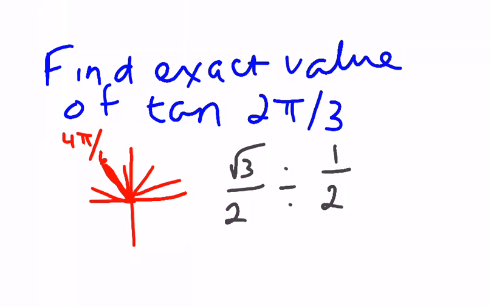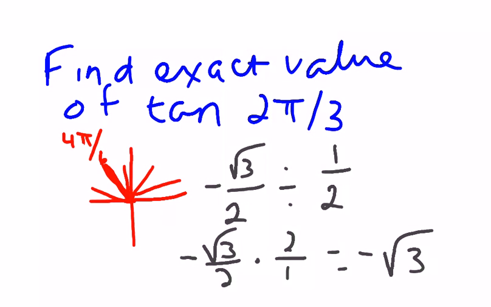So sine over cosine. And so that's the square root of 3 over 2 times 2 over 1. And we're in quadrant 2, so our x value is negative. And so now the 2's cancel, so our answer is the negative square root of 3.